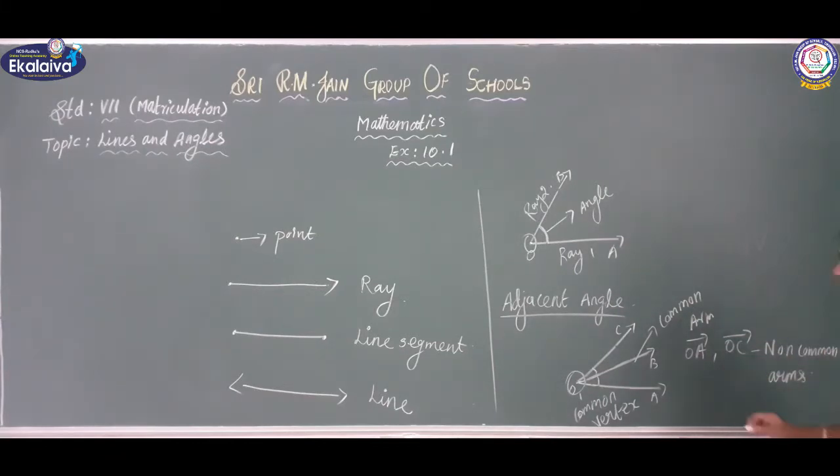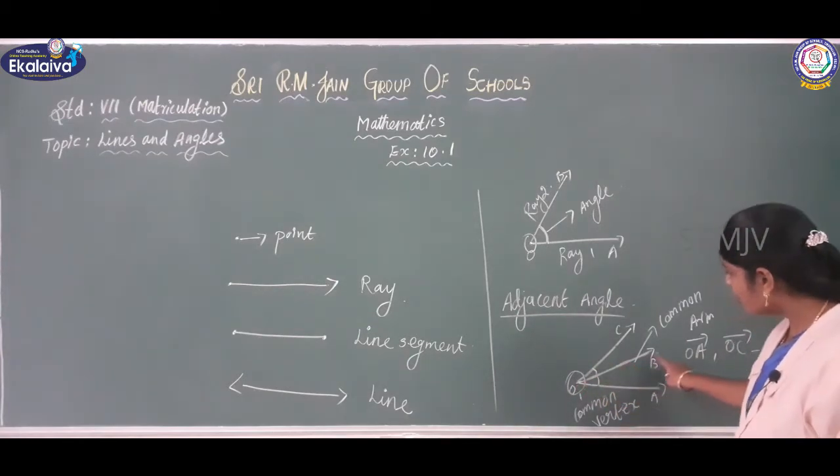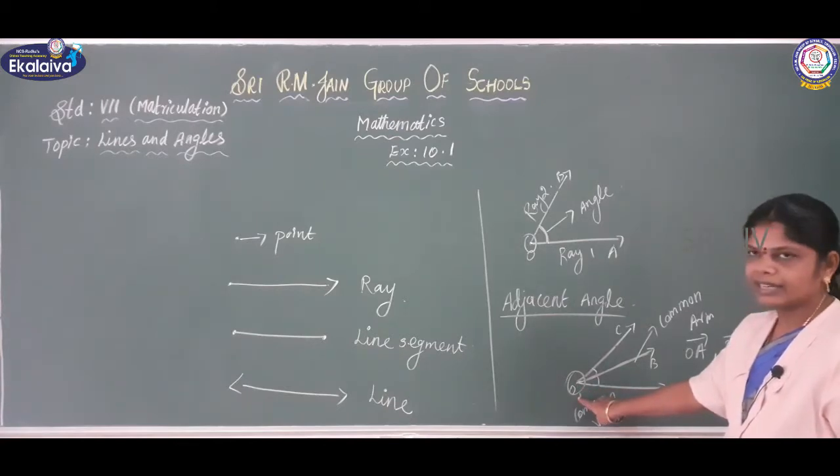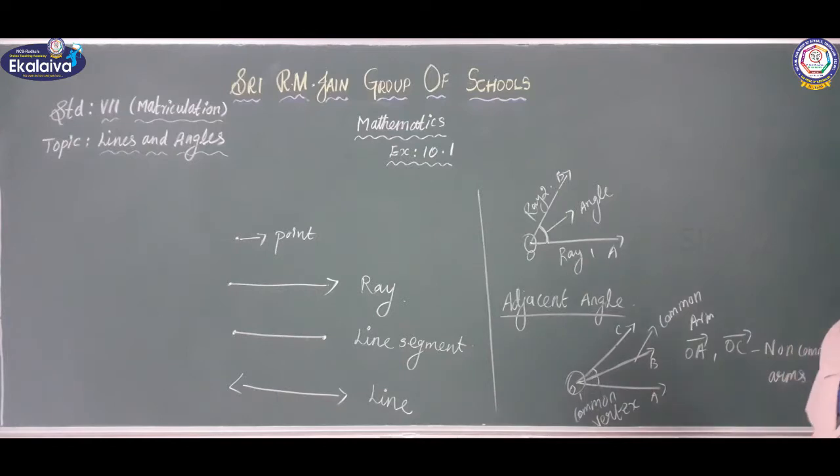Two angles are adjacent if they have a common arm, a common vertex, and their non-common arms are on either side of the common arm.